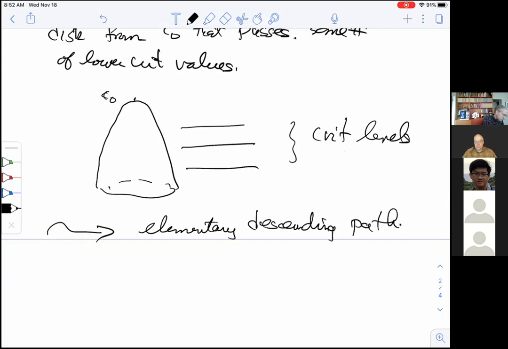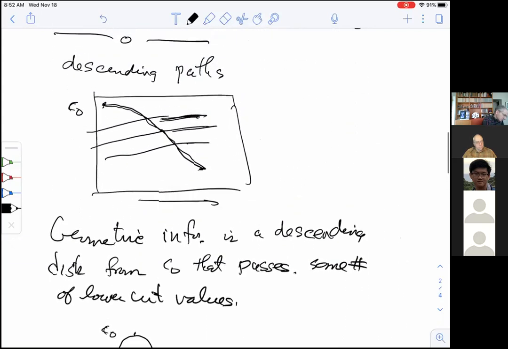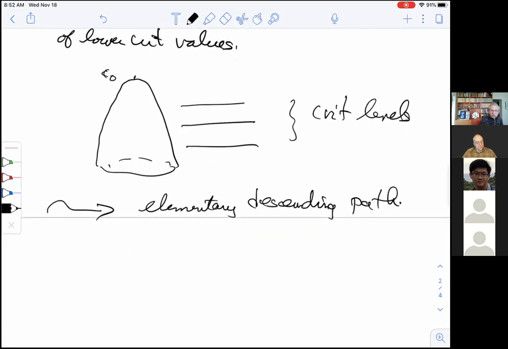And the theorem I stated last time was that, for elementary descending paths that cross a certain number of critical values, the space of those up to homotopy type is the same as the space of the descending manifolds out of this critical point that cross that many critical levels. Okay.